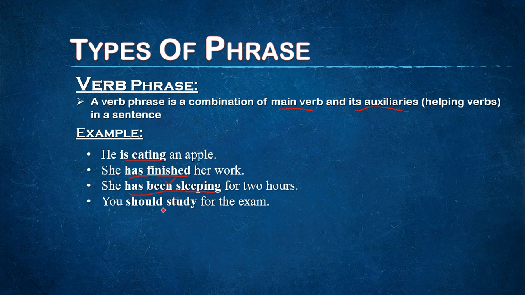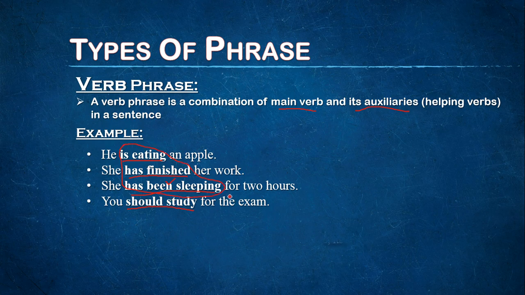You should study for the exam. Here, should study is known as a verb phrase. But as it is a little bit complex, we can recognize all of these very conveniently.